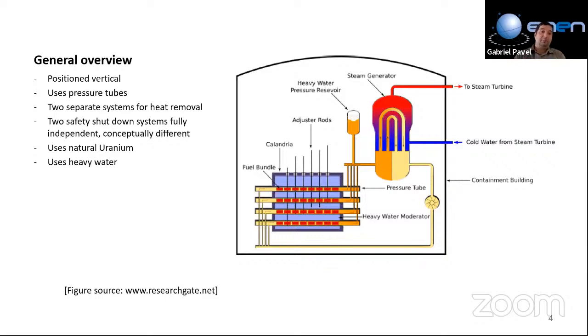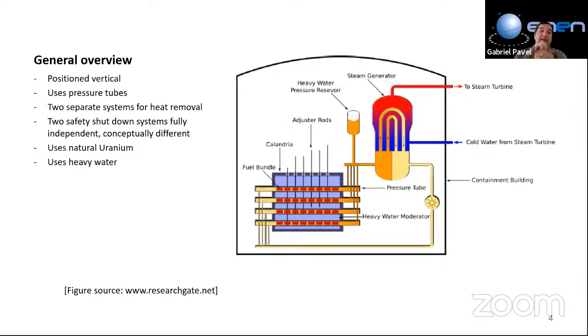Another important piece of the reactor is that it uses pressure tubes. The CANDU reactor, which is a pressurized heavy water reactor, uses pressure tubes against a pressure vessel, like in a PWR, the pressurized water reactor.